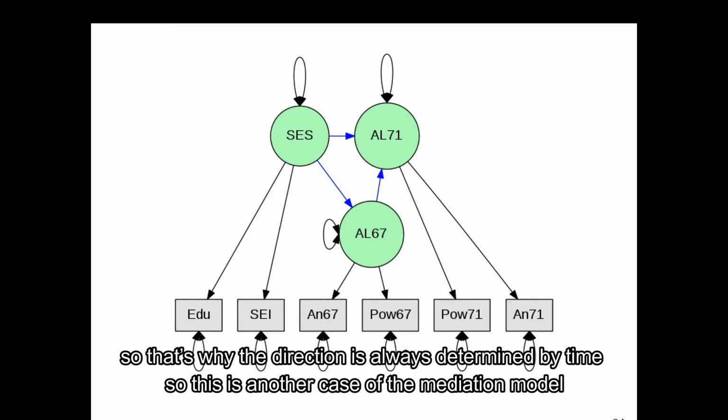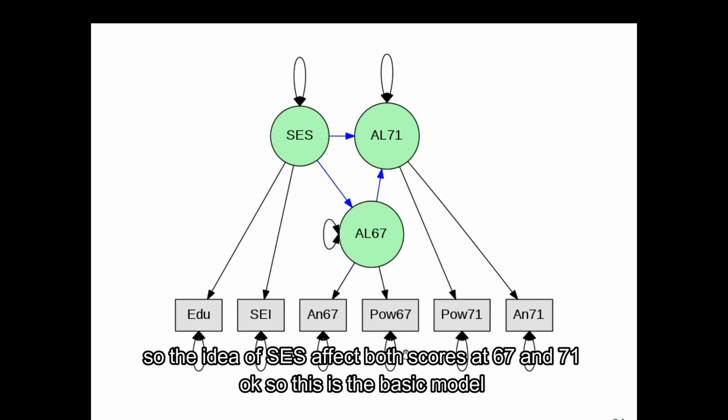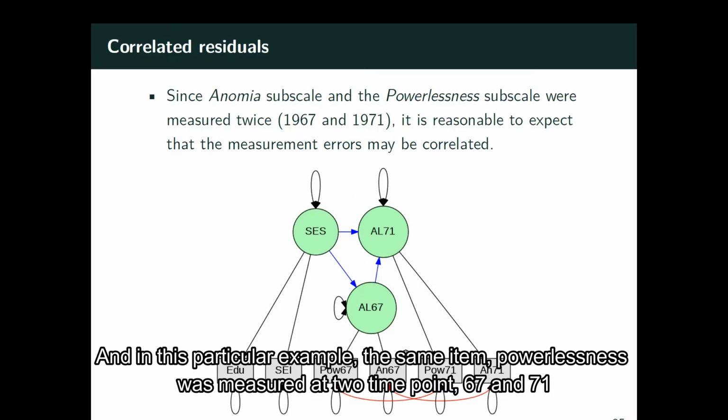So this is another case of the mediation model. The idea is SES affects both the scores at 1967 and 71. Okay, so this is the basic model. And in this particular example, the same item, powerlessness, was measured at 2 time points, 67 and 71.